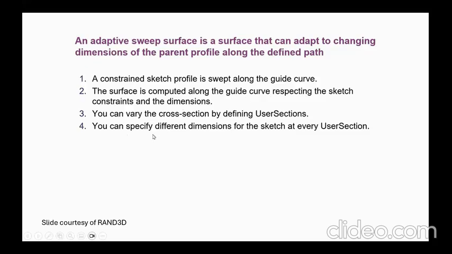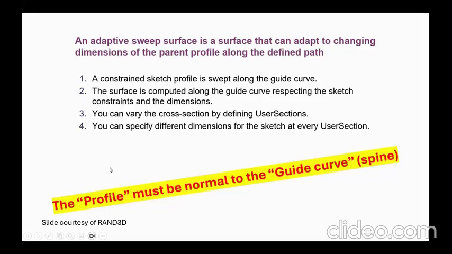And then you can change those dimensions as you will see. Now, keep in mind that the initial profile that you use for the adaptive sweep process must be normal to the guide curve. Otherwise, it comes back with an error message.